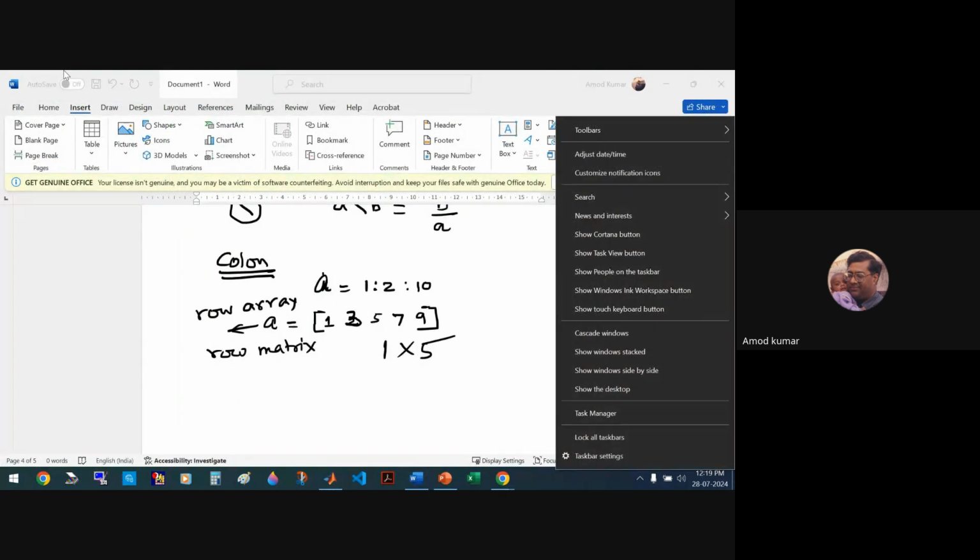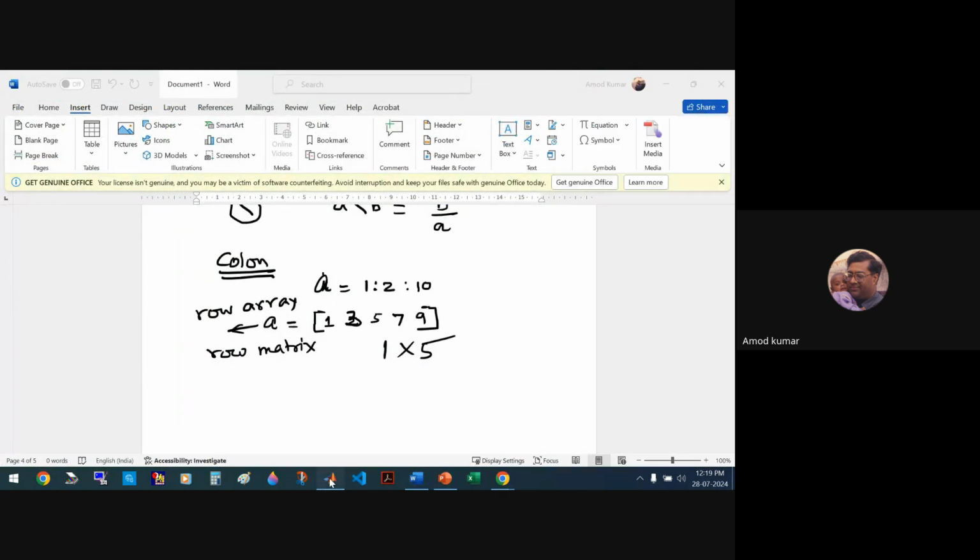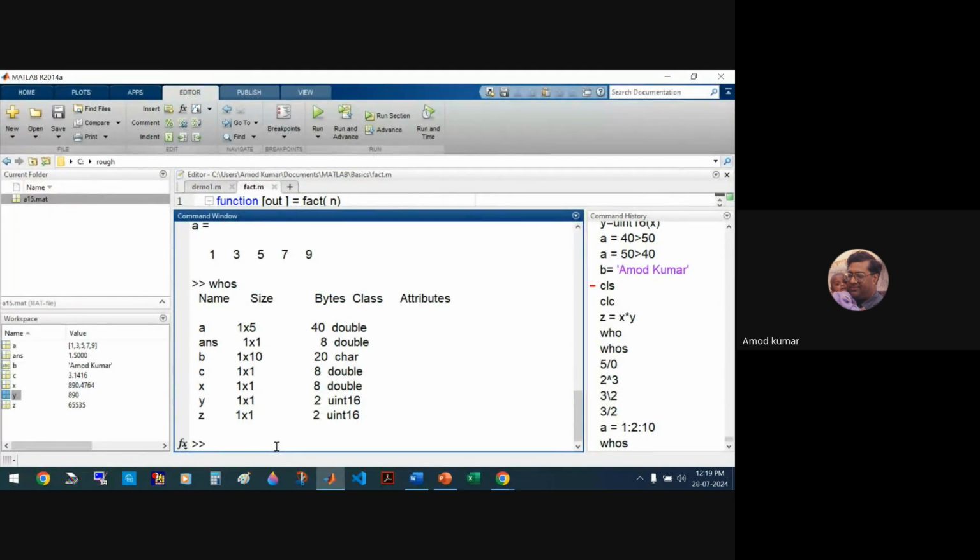Now, if I want to access an element of this matrix, I can do that. So therefore, suppose A, and then I write within parentheses. These are called parentheses. So let us say A3, for example. Whenever I write A3, that means the third element of this matrix is being called.